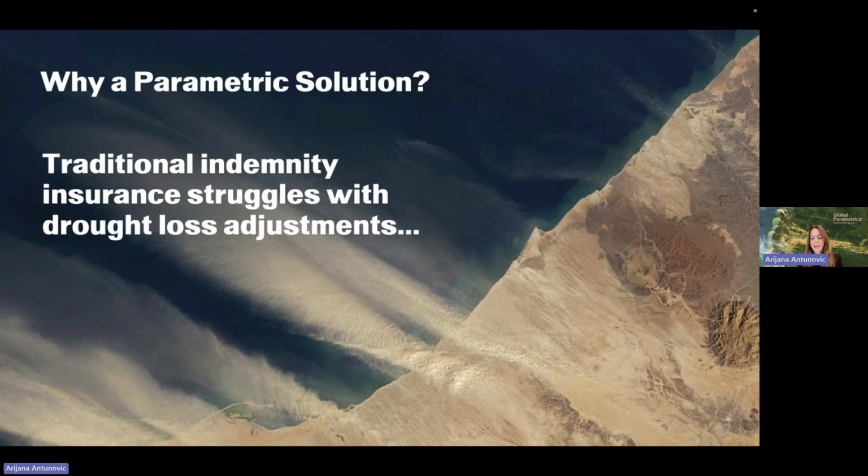When the loss assessors come and need to physically evaluate the damage, this can take months, and then until the claims are actually released, there could be another few months or even a year of delay before the farmers get a payout. This has a very direct impact on how they are managing the risks locally and how the insurance company can manage their own risks, for example, or how fast a humanitarian can receive a payout.